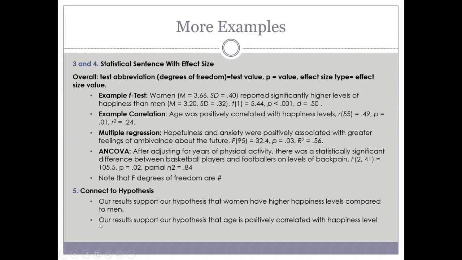And our second example reads, our results support our hypothesis that age is positively correlated with happiness level. So here we see that after reporting the statistic, they state whether or not it supported their hypothesis. If it did not support their hypothesis, then they would also have to say, our results did not support our hypothesis, that so on and so forth.